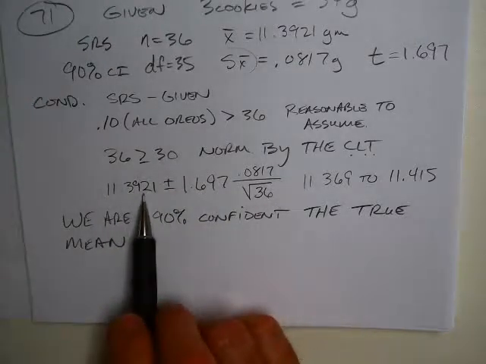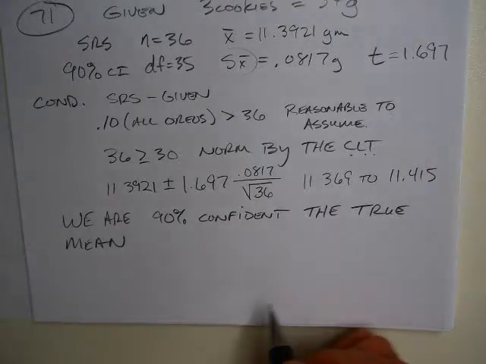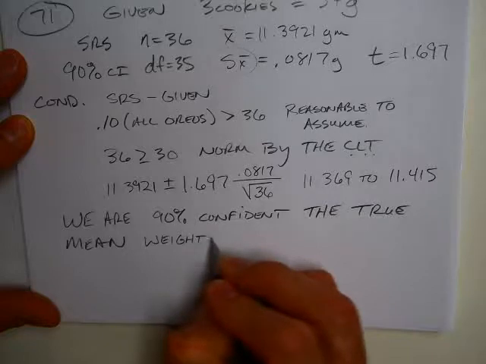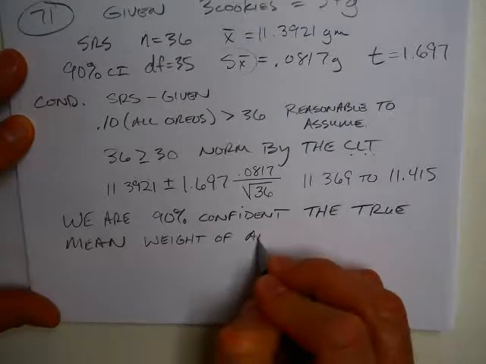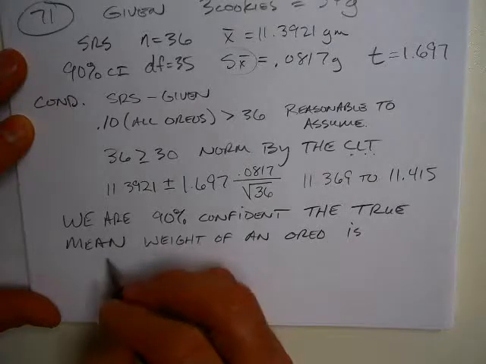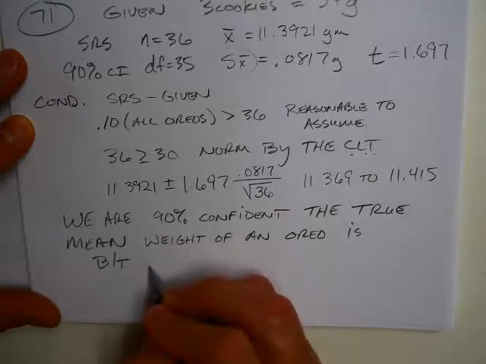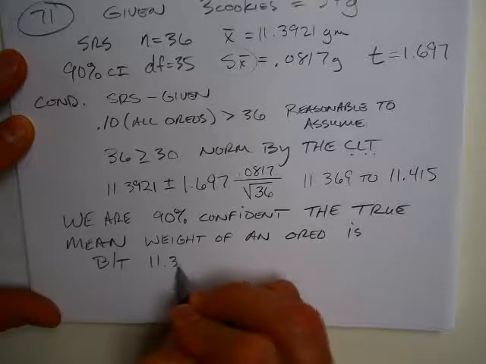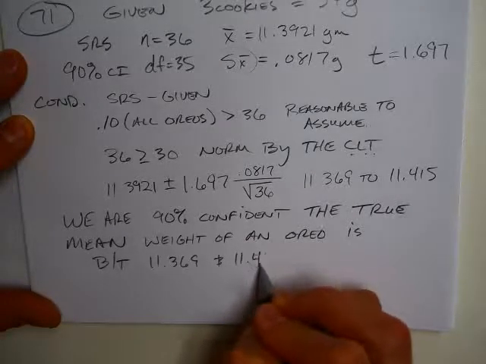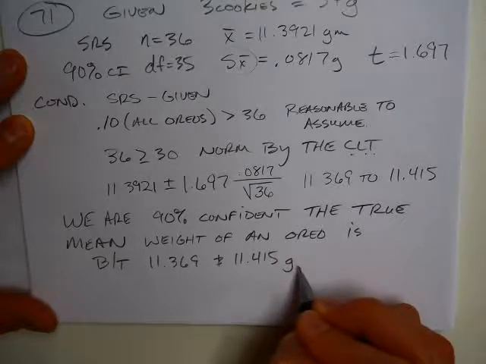Because of the x bar here. The true mean weight of an Oreo is between 11.369 and 11.415 grams.